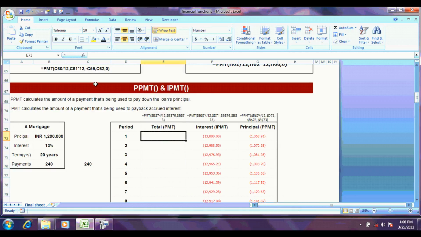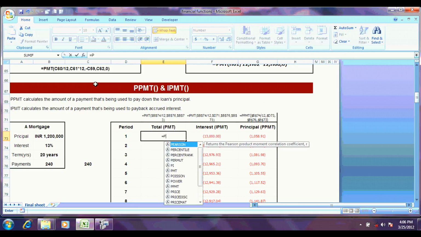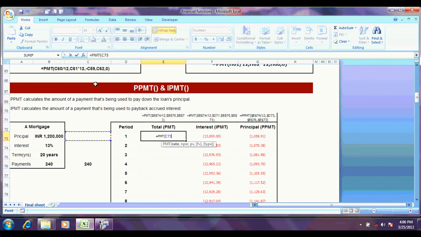payable. Okay, so equal to PMT, rate is 13% divided by 12, period is 240, PV, present value of your investment is this, that is B73.